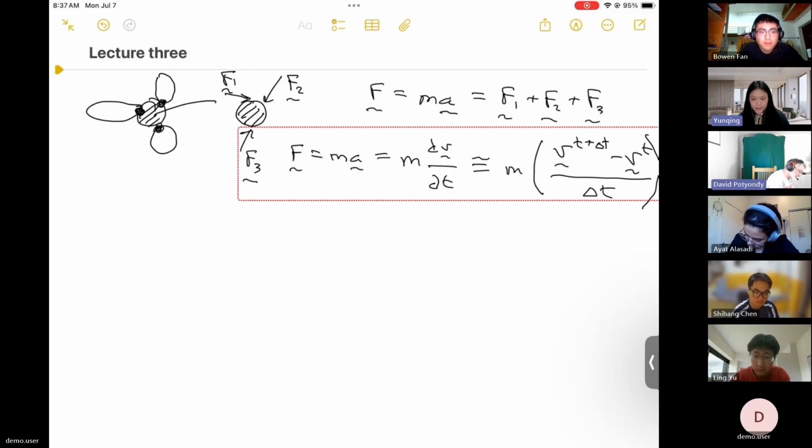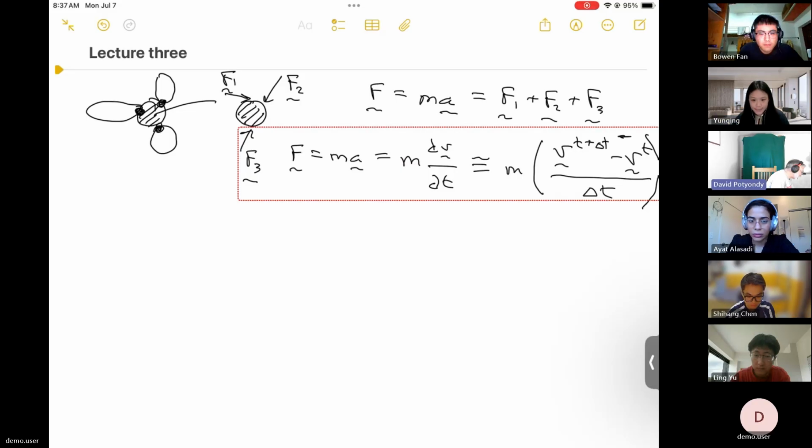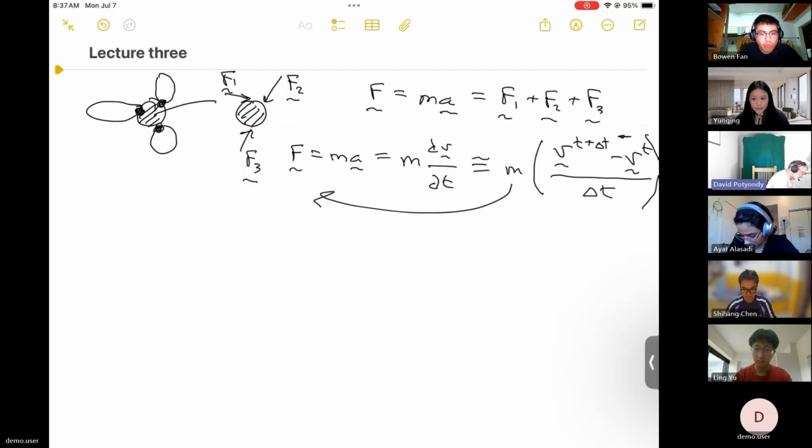Change in velocity, change in time. With me? Now we can just rearrange terms. Let's bring m to this side: force over mass, multiplied by delta t.